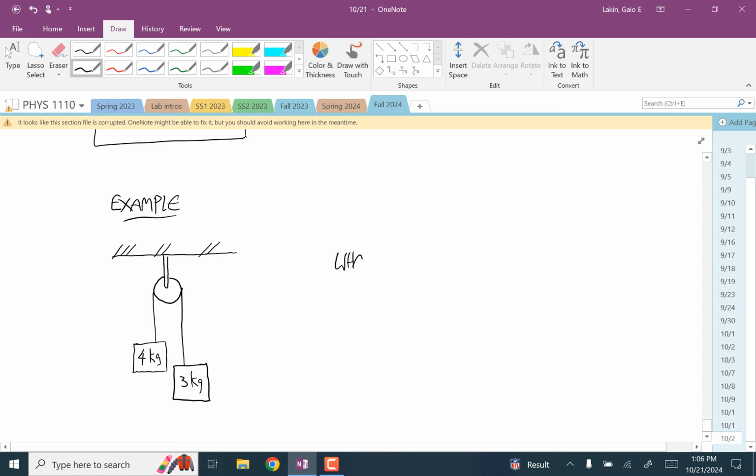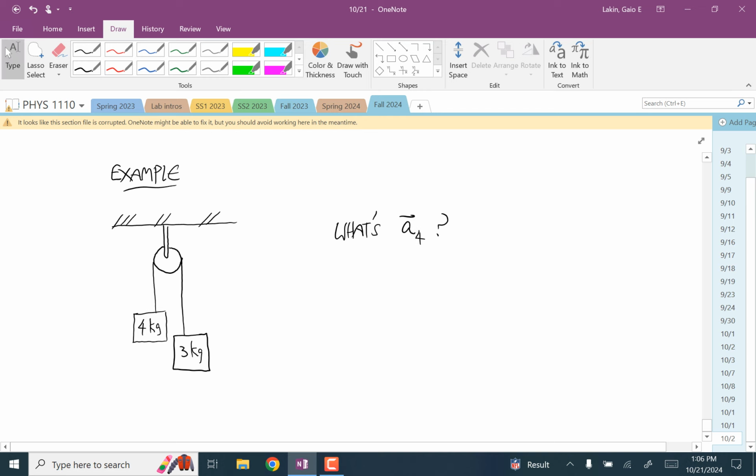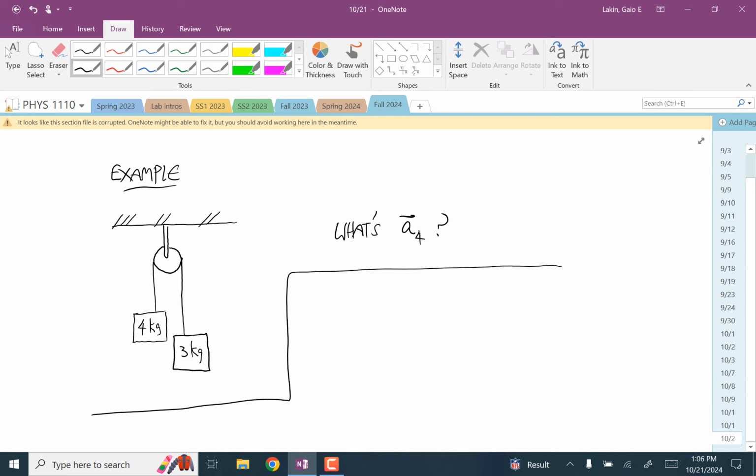And we want to calculate the acceleration vector of the 4 kilogram. Well, you can see from just looking at this system that the 4 is going to be accelerating down, the 3 is going to be accelerating up, right? So we know when we get our answer, that's what it should say.